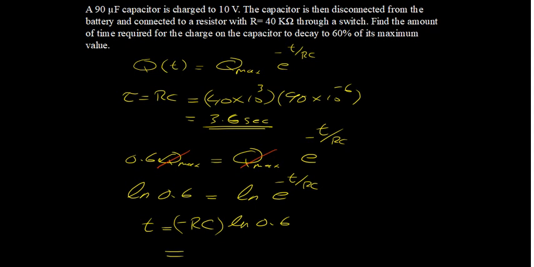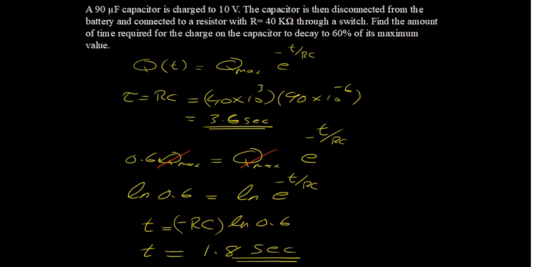If we do the calculation here, 3.6 times that gives me 1.8 seconds. That's the time required for the charge on the capacitor to decay to 60% of its maximum value in this discharging procedure of the capacitor.